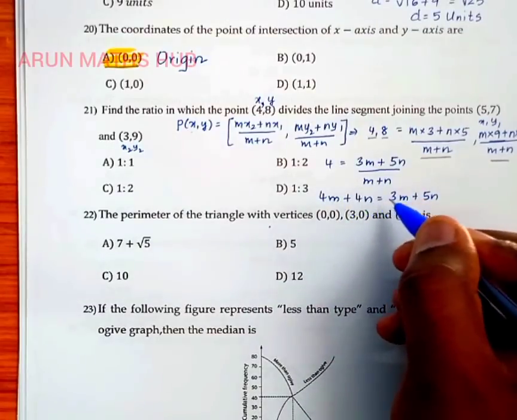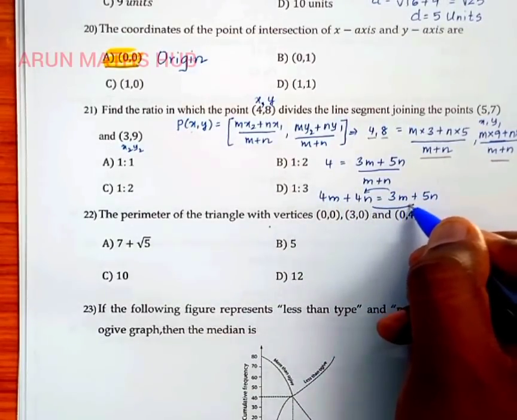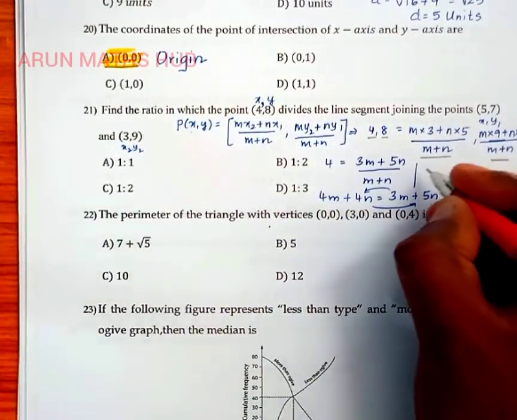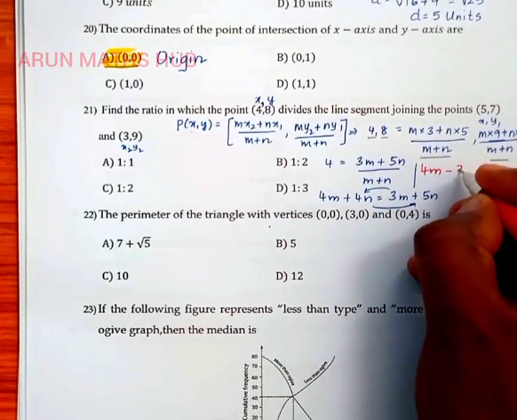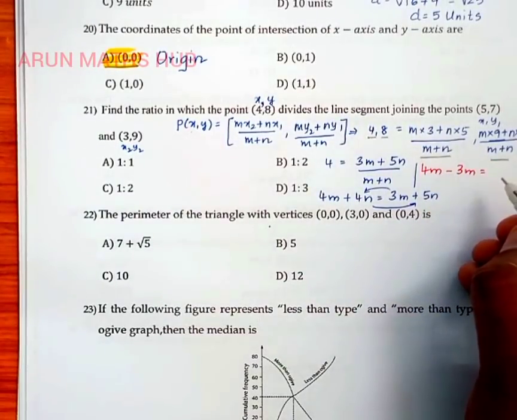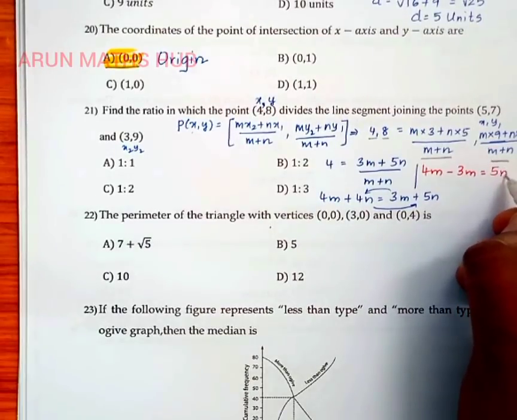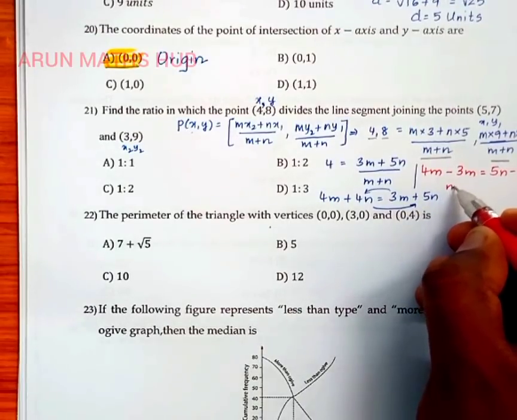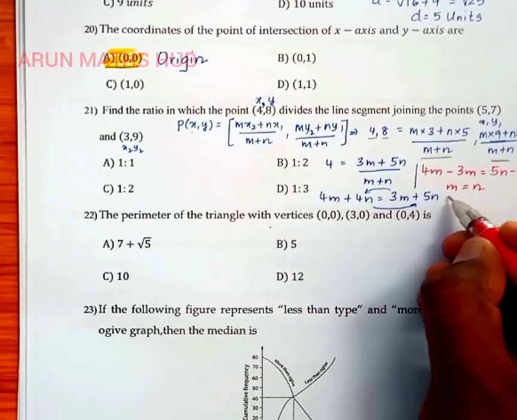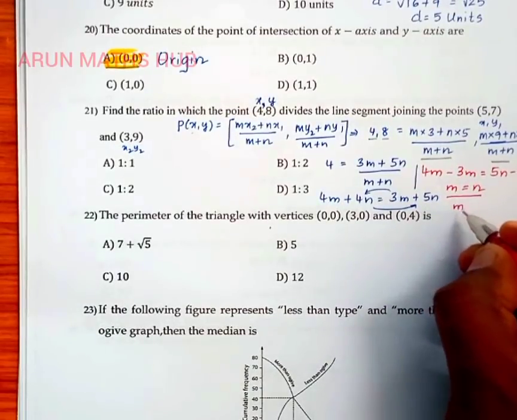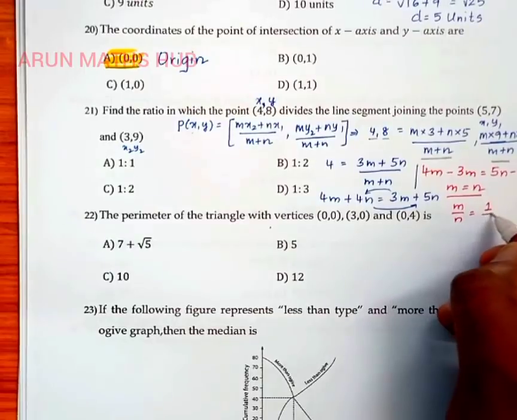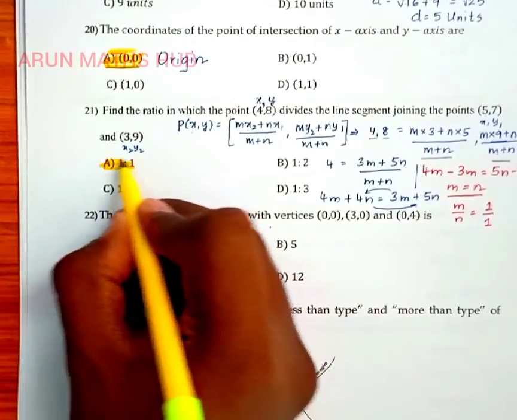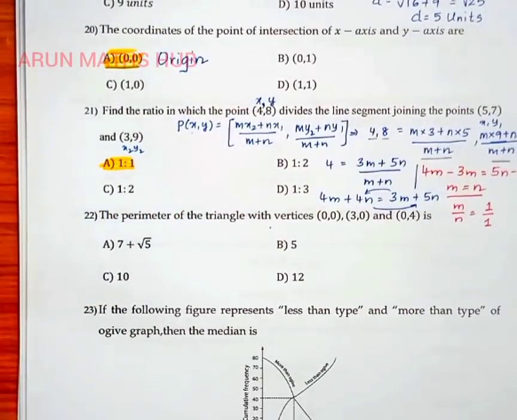Now shift all the m terms to the LHS and the n terms to the RHS, that is 4m minus 3m equals 5n minus 4n. So 4m minus 3m is 1m, which is equal to 5n minus 4n is n, so m equals n. Therefore, the ratio is 1:1. What is the ratio? The ratio is 1:1. Therefore, the correct answer is option A, 1:1.